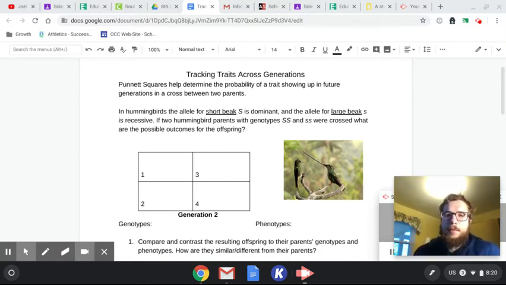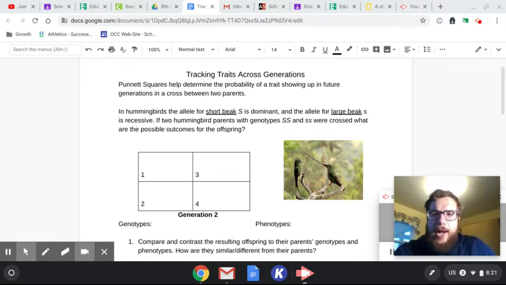And we get a lot of hummingbirds out here, but they do fight each other. If there's more than one trying to get onto the feeder at the same time, they'll fight just like in that video. And they have the really pretty colors like the ones in the video do too. Obviously not the same. Those are from Costa Rica, but hummingbirds in general are just really, really cool. So we're going to use them to talk about Punnett Squares.